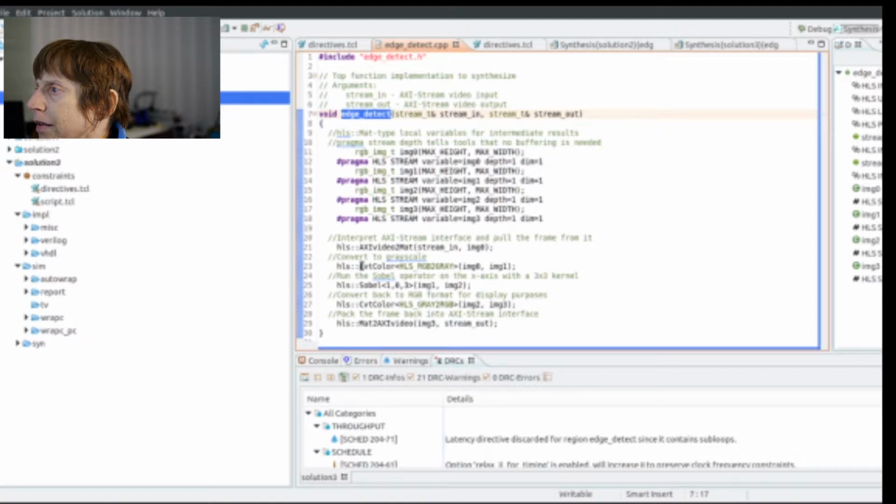I mean, if you look at the code involved, it's basically saying that you've got stream, defining these as streams.